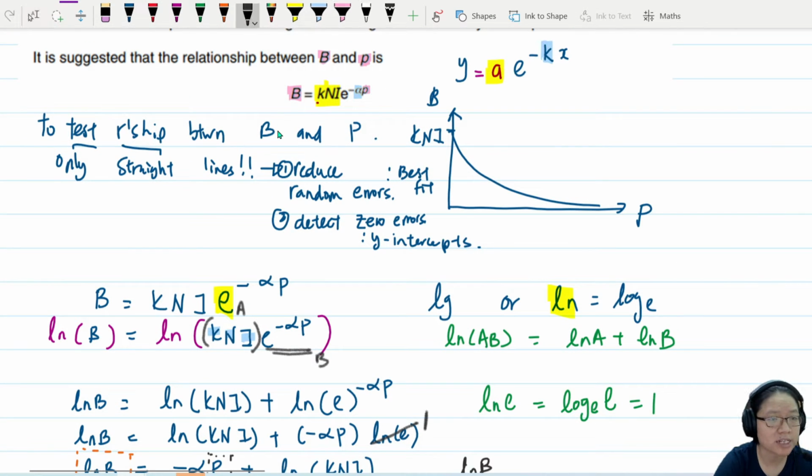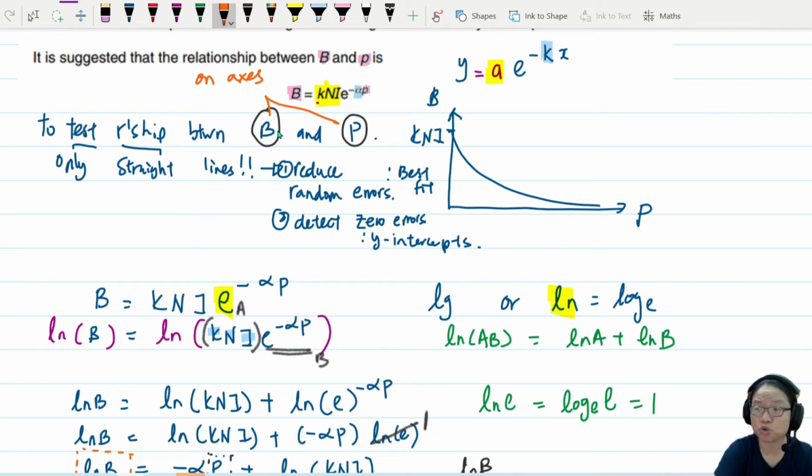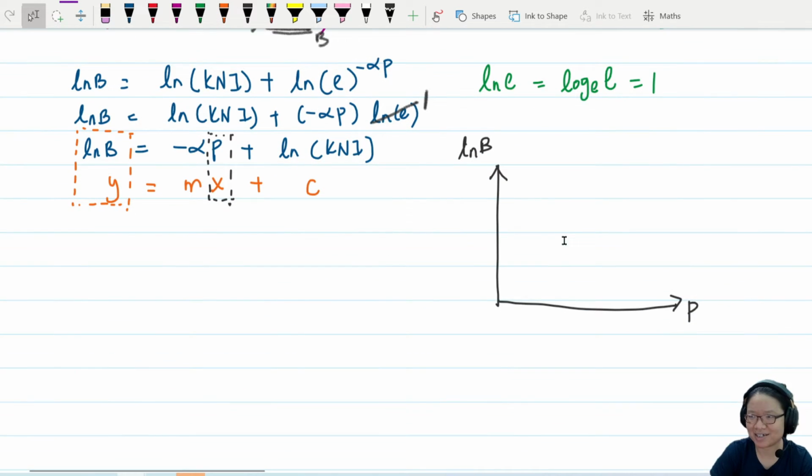We want to test the relationship between B and P. So both of these should be on your axis. It doesn't have to be pure B, doesn't have to be pure P. Can be B squared, can be 1 over B, can be P to the power 10. But we do have B and P here. So we are quite on track.